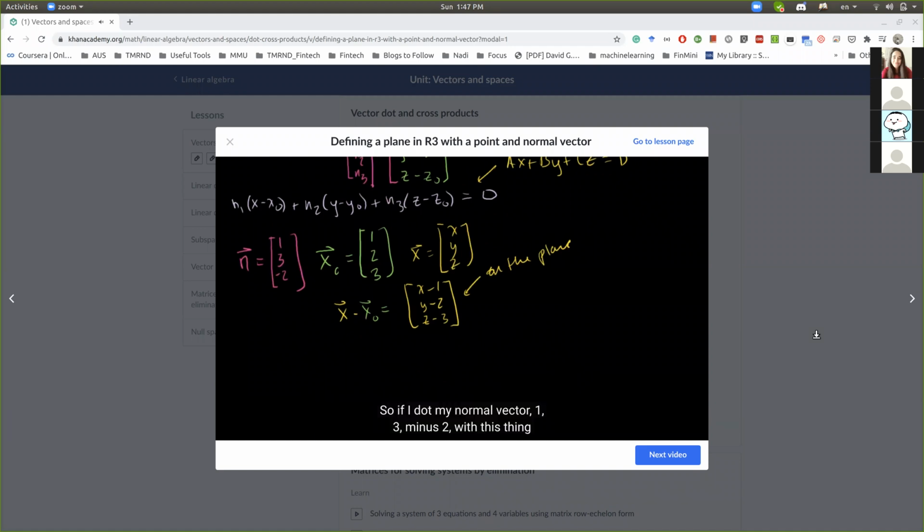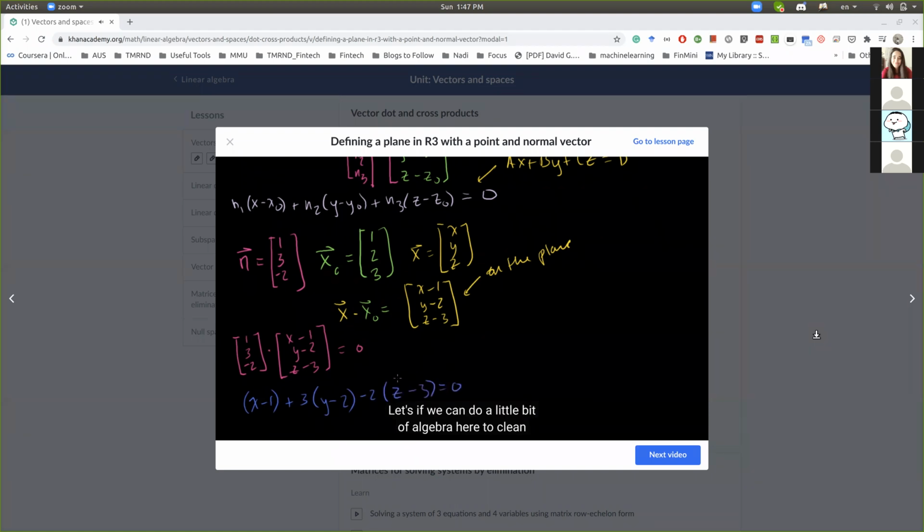So if I dot my normal vector, 1, 3, minus 2, with x minus 1, y minus 2, z minus 3, I should get 0, because the normal has to be perpendicular to anything that lies on the plane. So what do we get? 1 times x minus 1 is x minus 1, plus 3 times y minus 2, minus 2 times z minus 3 is equal to 0.